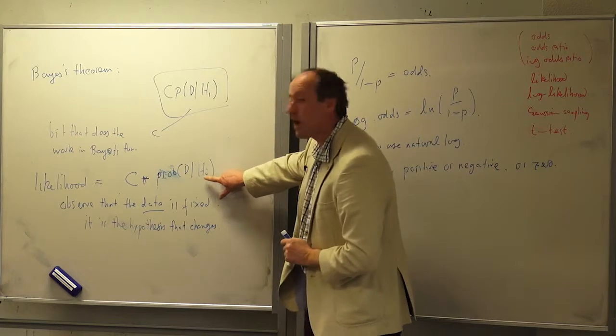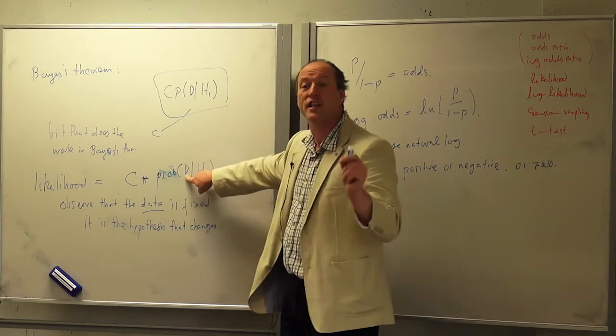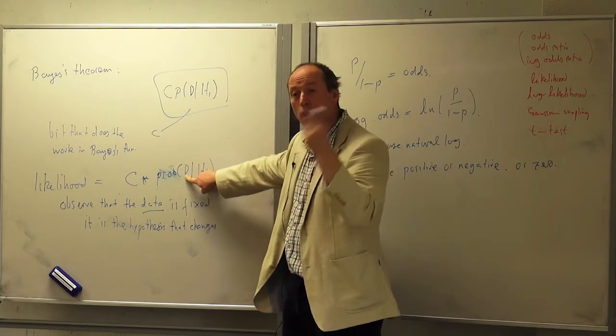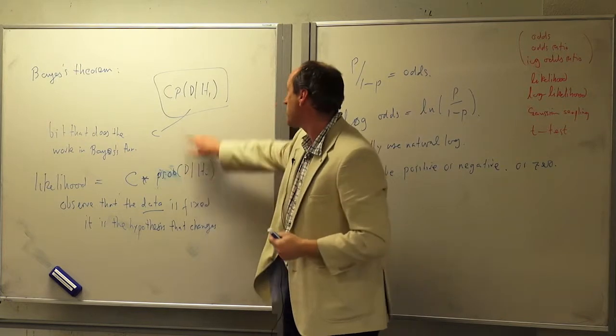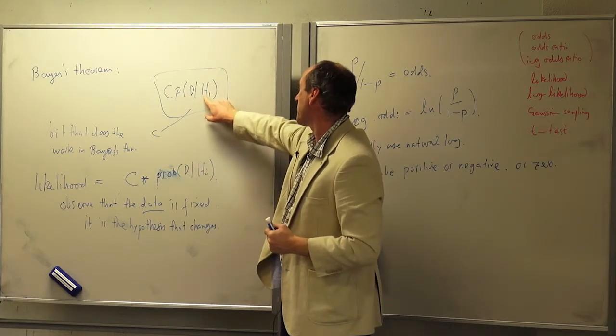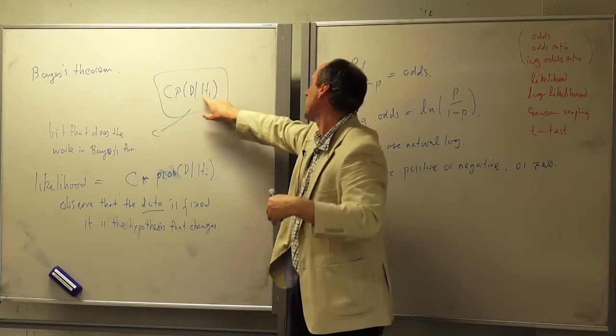Because I can put different hypotheses into this slot here, but the data stays fixed because I write it down. So it's on the board, I can't change it. But the hypothesis I'm considering can. I can consider different hypotheses. I can consider 50-50 coin or 60-40 or 90-10. I can move that around.